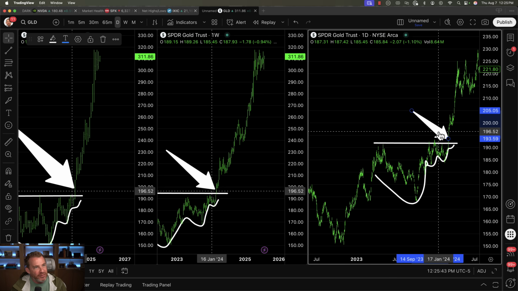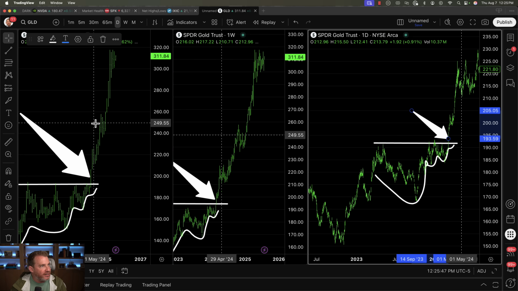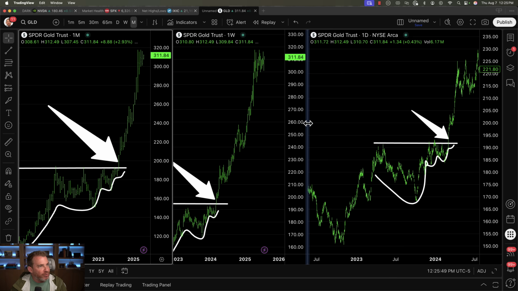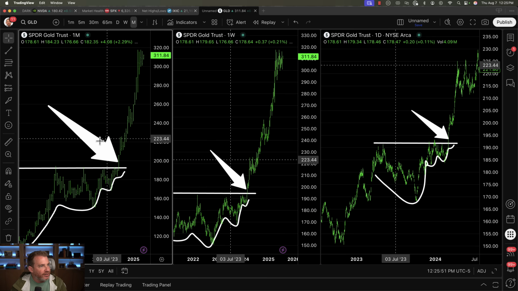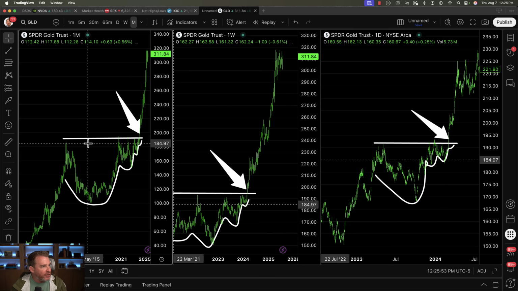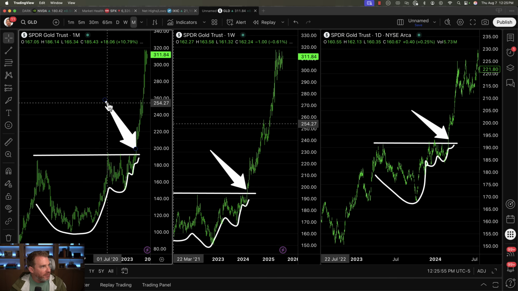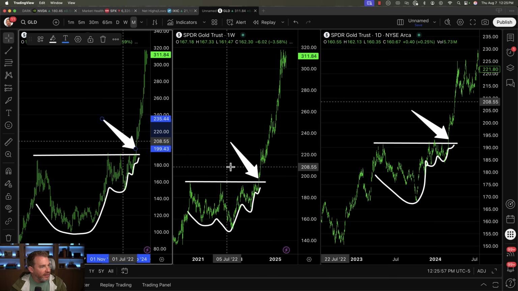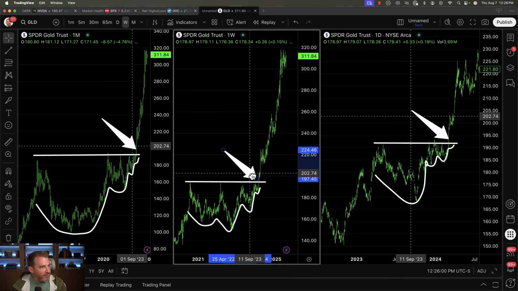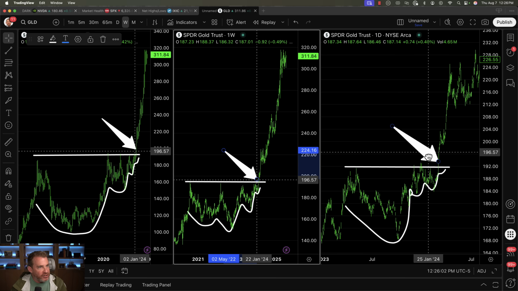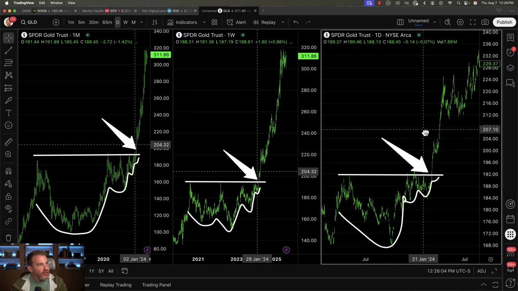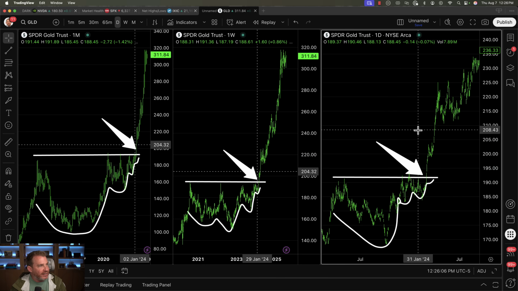So when you have a stock, a commodity, in this case it's gold, breaking out from a 15-year monthly base pattern, a 4-year weekly base pattern, a 1-year daily base pattern, you have all the stars aligned.